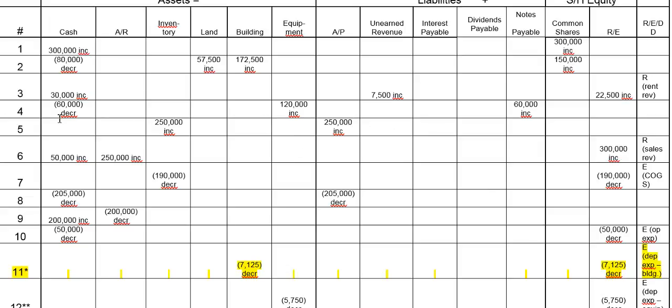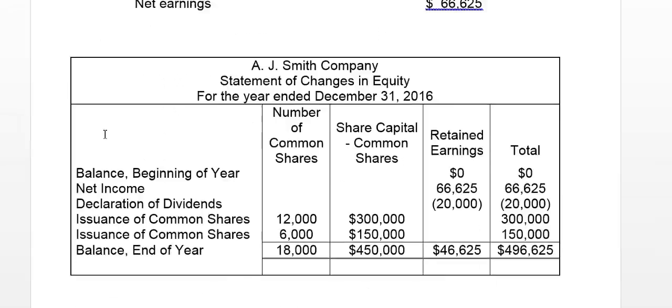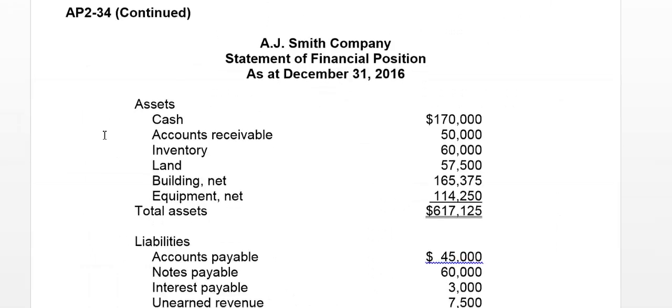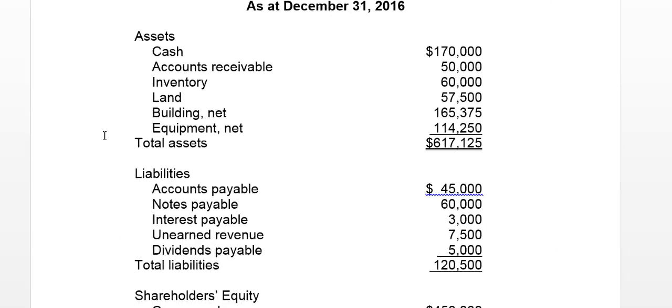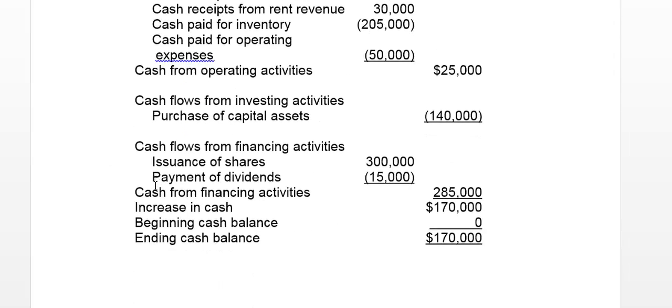So this $80,000 here was for the purchase of our land and building, and then we had a $60,000 decrease in cash when we bought our equipment. So there's your two cash flow items. You'd have to go back and do a little bit of digging and think it through, but you can also get it from your template. So your template is supposed to be right, and if you do it right, all your stuff will flow through in your statements from your little template, right?